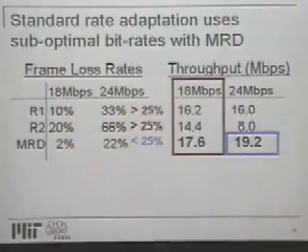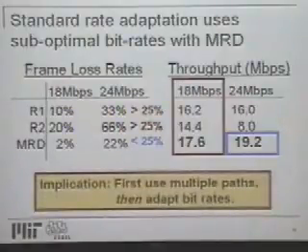So this scheme works well, but actually if you step back a little bit, it has an implication about how we manage link quality today. So in today's world, you try to adapt as much as you can, do rate adaptation as much as you can before you select alternate paths.